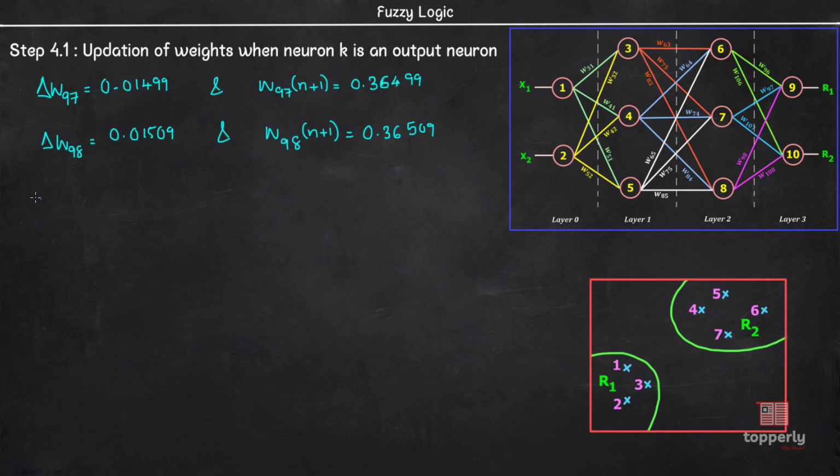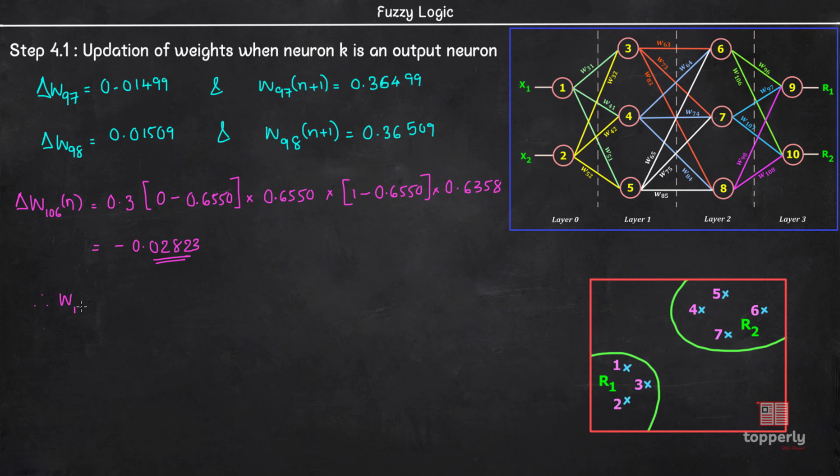Now coming to delta W106 of n, it is equal to eta, which is 0.3, into desired value of output neuron 10, which is 0, minus actual value of output neuron 10, which is 0.6550, into 0.6550 into 1 minus 0.6550, into y6, which is 0.6358, which is equal to minus 0.02823.